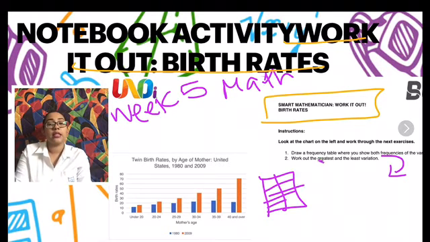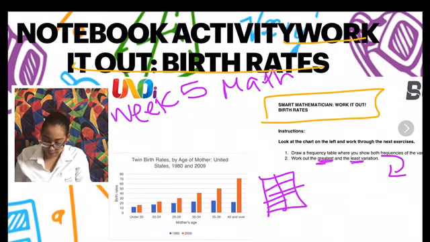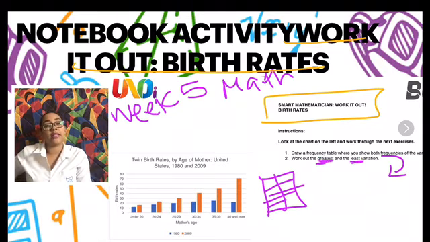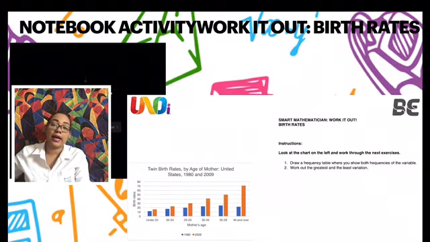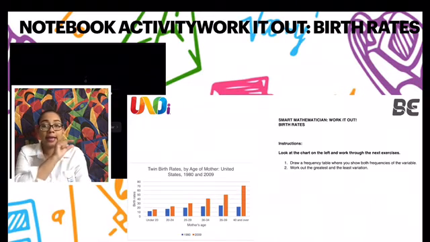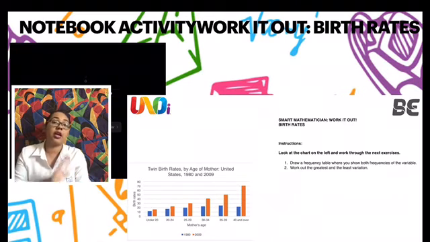You have to see which is the greatest and which is the least variation. For this activity, I will give you 10 minutes to observe and analyze the bar chart and then do the frequency table. Then tell me in a sentence what the greatest to the least variation is. Ready? 1, 2, 3.